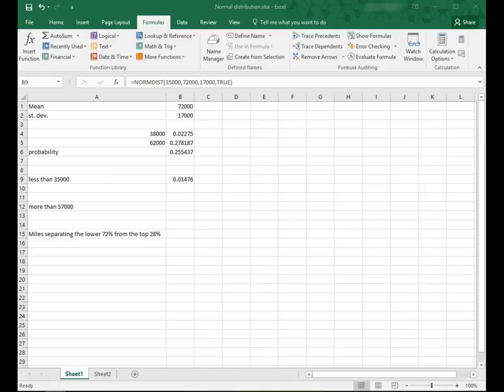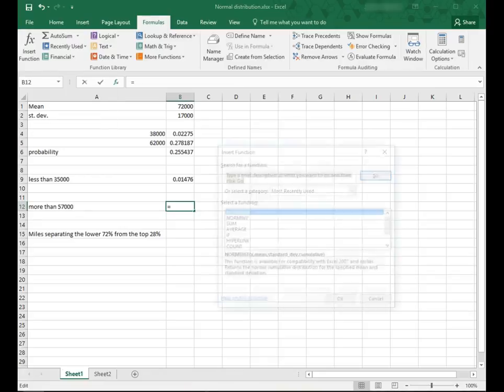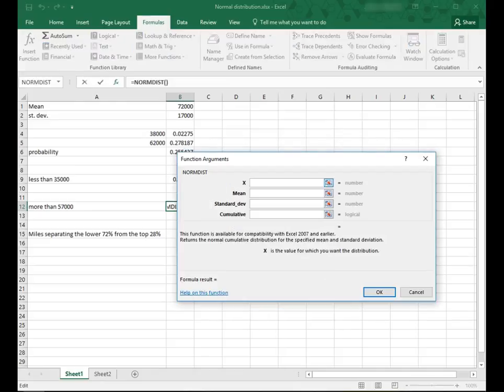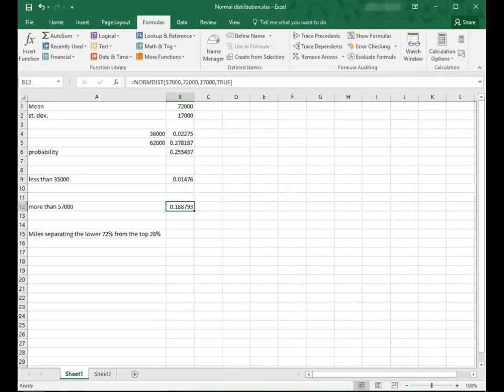Next, we'd like to find the percentage of trucks that travel more than 57,000 miles in the year. To do this problem, we have to first find the value for up to 57,000. And then take 1 minus that value to arrive at the percentage of trucks that travel more than 57,000.